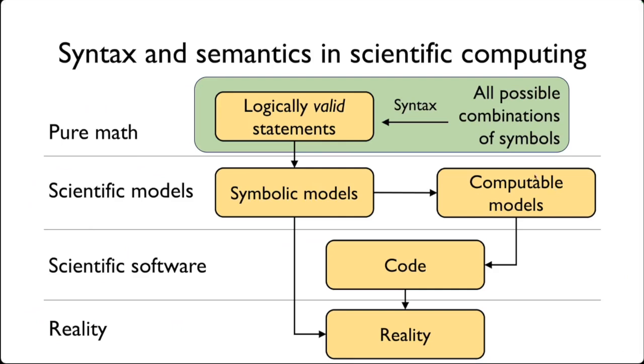And people write down these computable models after converting them from symbolic models that usually use things like differential equations, calculus, other types of math that need to be made into approximations that a computer then can run a simulation on. So that's why we have lines going between these.